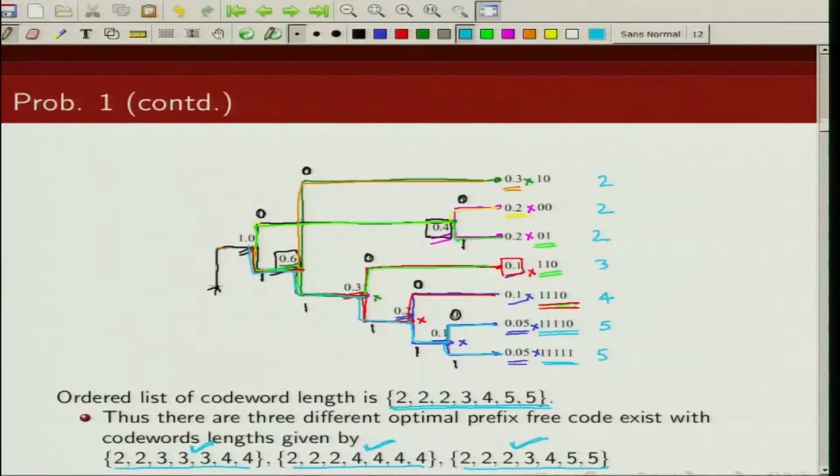So you can see for a source which emits this 7-ary random variable with these probabilities, there are fundamentally 3 different ways in which we can construct optimal binary prefix free codes.